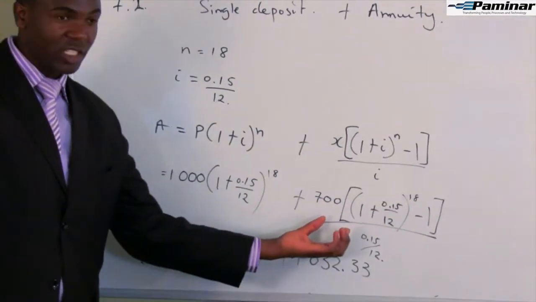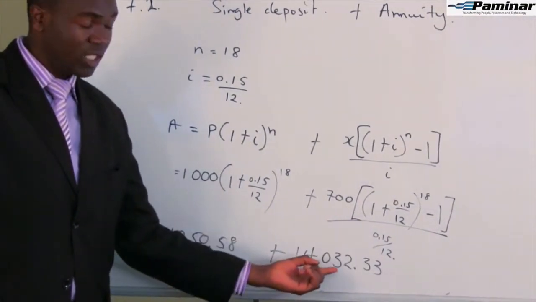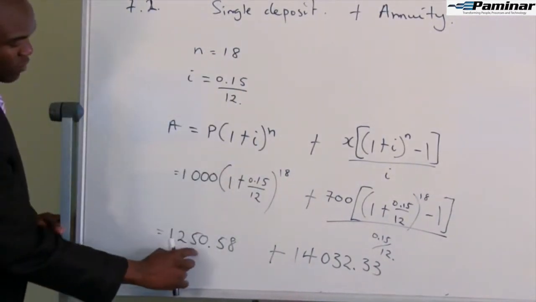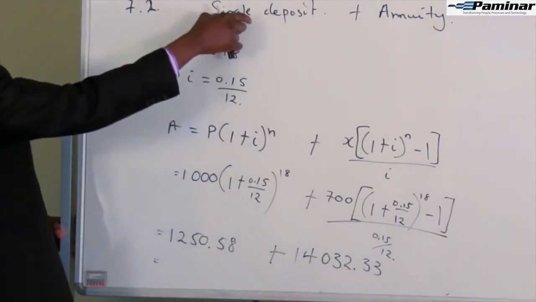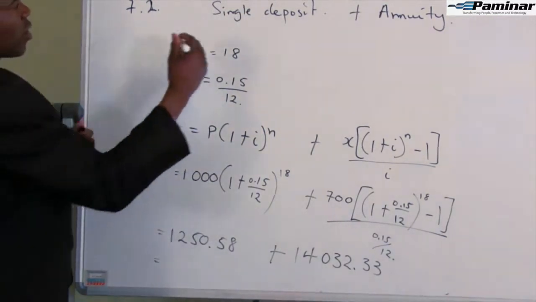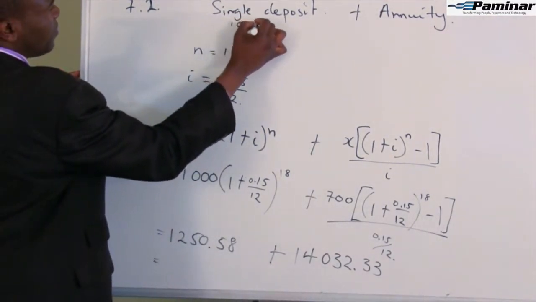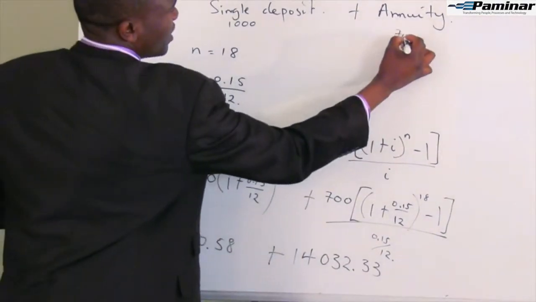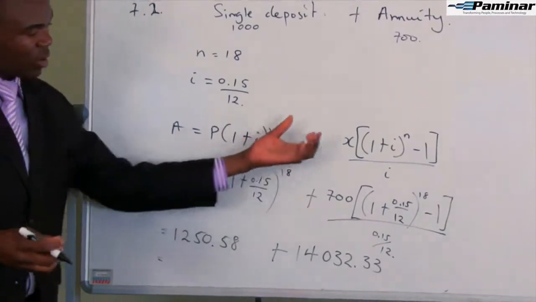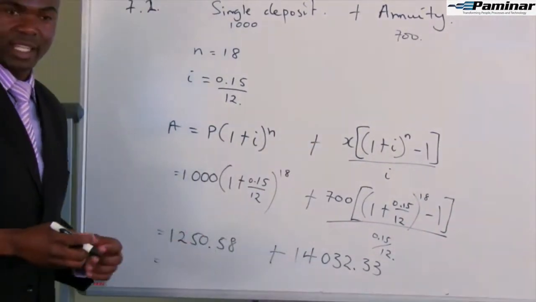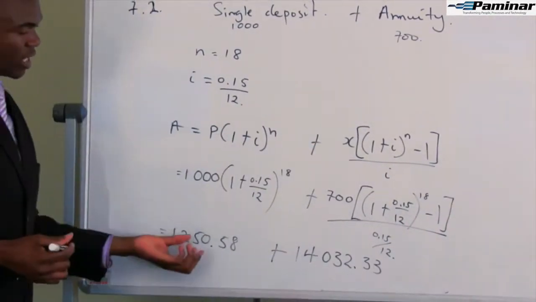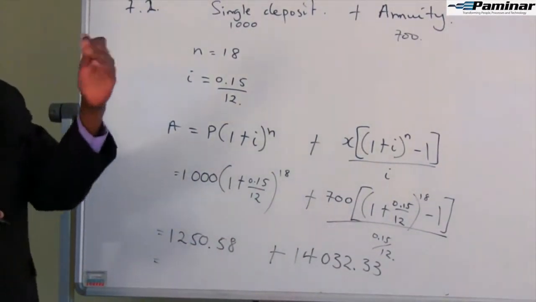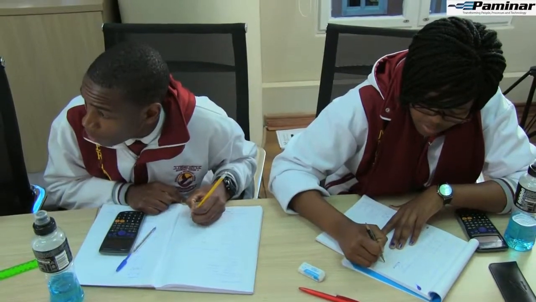But when you punch it exactly on the calculator, you should get the correct answer. Now, this 1250.58 is for the single deposit of 1,000 that was made at the beginning of April. Now, this annuity of 700 rand every month, we're going to get 14,032. Then we add the two to get the total amount of money, or the future value, that we're going to have.